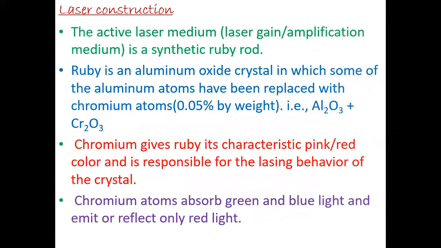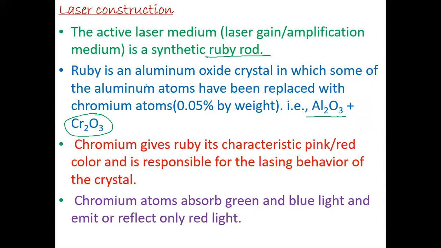In the construction, the ruby laser has a synthetic ruby rod, and this ruby rod is doped with chromium oxide. The original ruby rod's chemical formula is aluminum oxide. That means we are adding chromium oxide to the aluminum oxide.